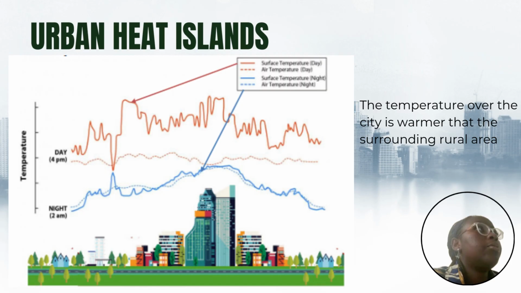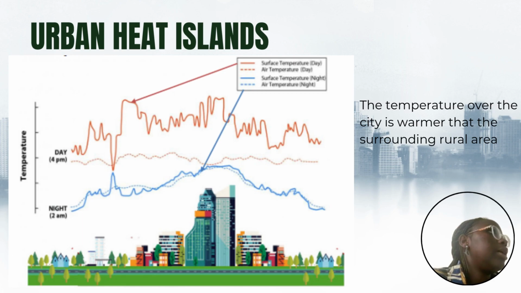Okay, now we move on to urban heat islands, and if you can see, there's a graph here, and it shows you the difference at night versus the day, right? So depending on where the factory or what the surface is. So it says here the temperature over the city is warmer than the surrounding rural areas. So towards the edge would be more rural areas.